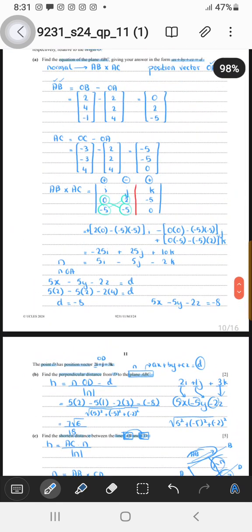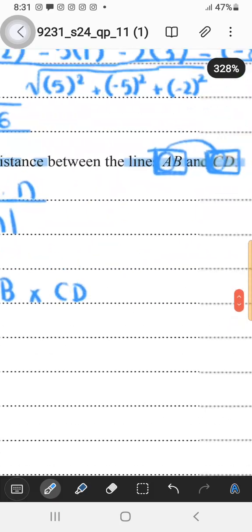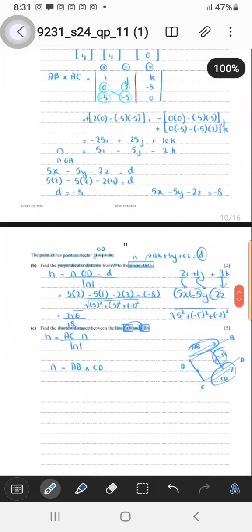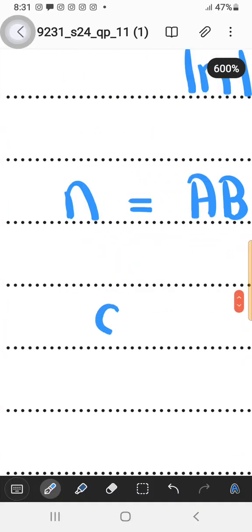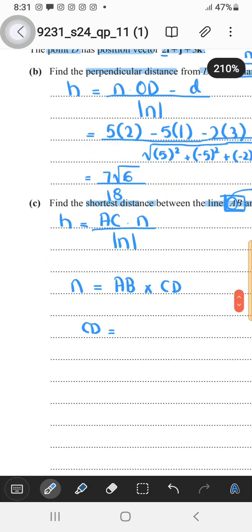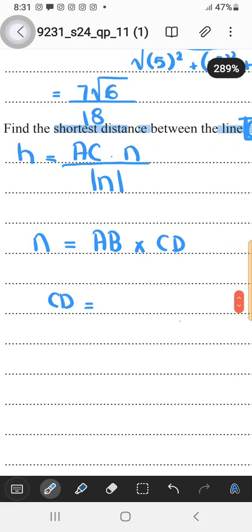We have to find out CD. We don't know the CD. We can find it easily. There's nothing to worry about for CD. I am finding out CD here, okay. I urge you to find out CD by yourself, as I told you how to find AB and AC.